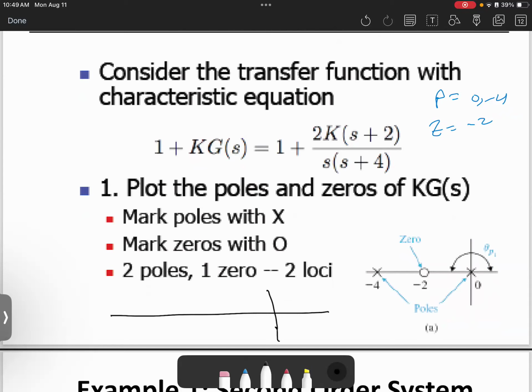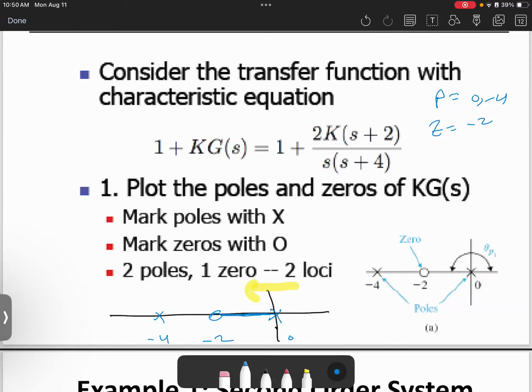Let's do the plotting. We have a pole at 0, a pole at -4, and a zero at -2. Then determine the region from 0 to -2. This counts as a region because if you travel from right to left, this is considered a region.